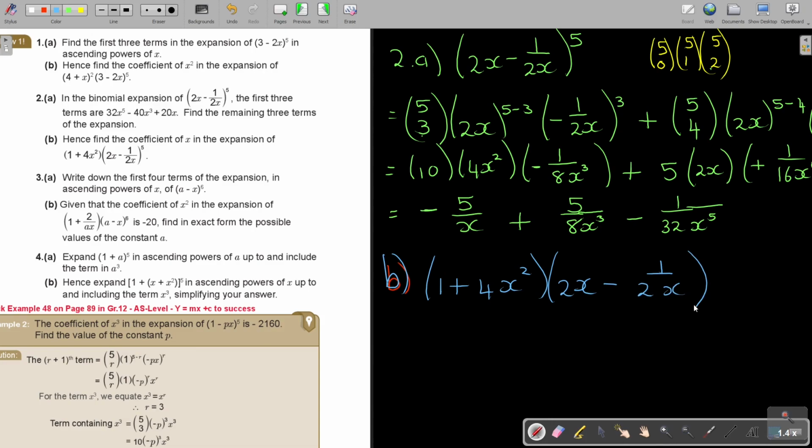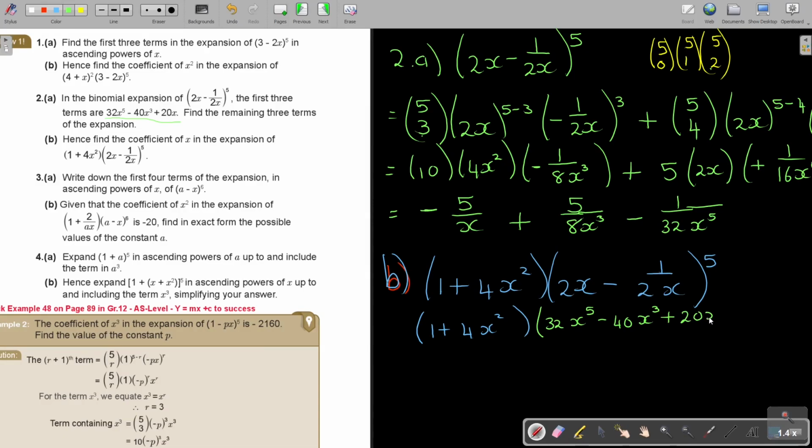Don't go and write all this out now. I'm going to say 1 plus 4x squared. I have the first 3 terms of the green. Write the first 3 terms out. They gave it to me. There it is: 32x to the power of 5 minus 40x to the power of 3 plus 20x.